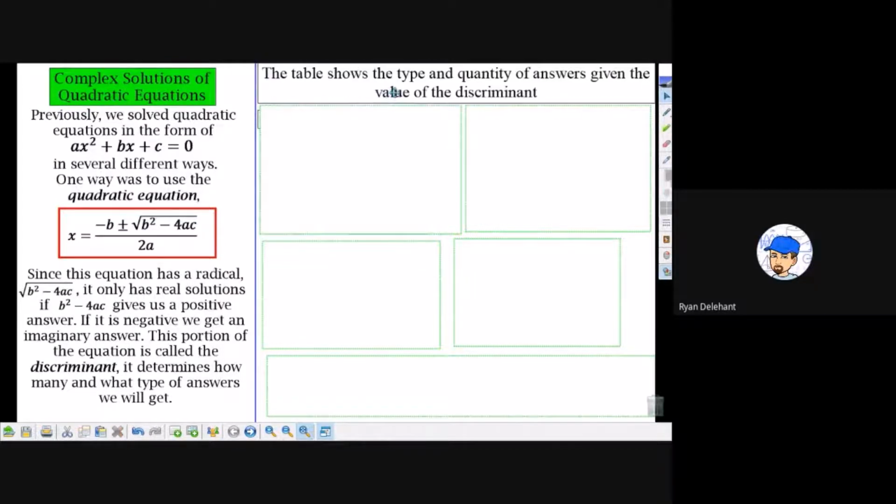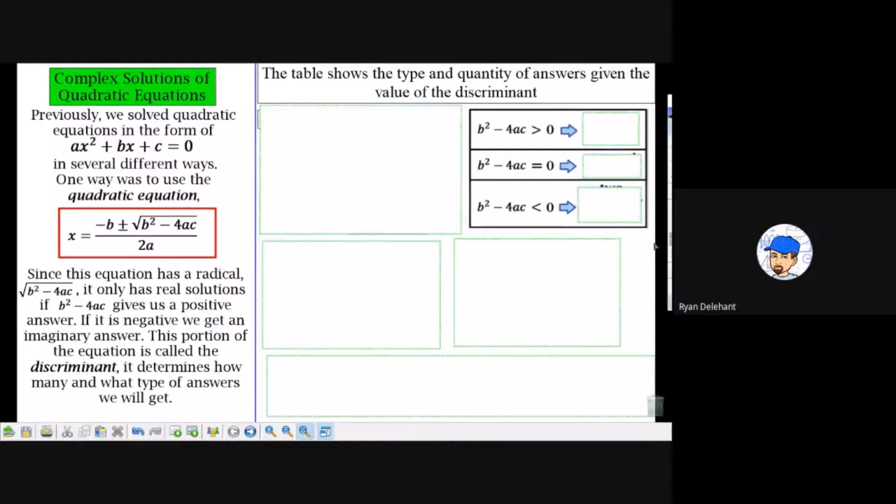So what happens here is when we go through and we're actually factoring, this b squared minus 4ac of our quadratic determines what type of answers we're going to get out of it. If it's positive, you get 2 real answers. That's the most common one that we've dealt with. If we get 0, that was where we ended up with 1, which isn't as important for what we're talking about.